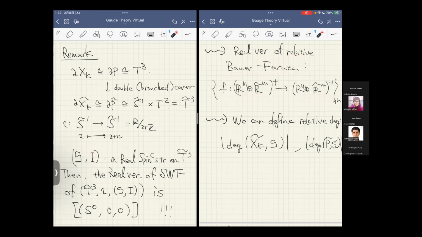If we take the absolute value of the degree of this map, we can define the relative invariant of them.